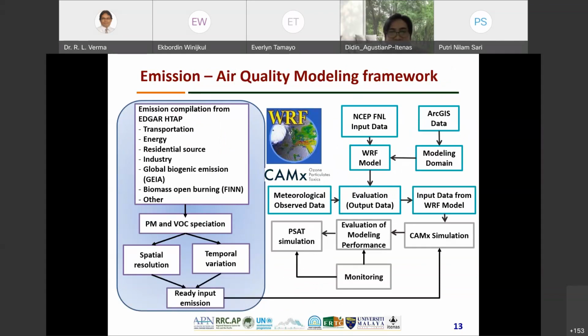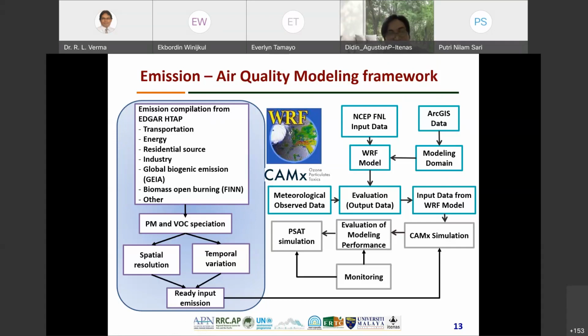This is one of the typical frameworks when we use the emission inventory compiled from global data sources. There are several sources, and sometimes the data are not well available for PM and VOC speciation.